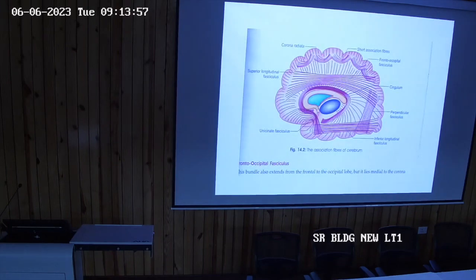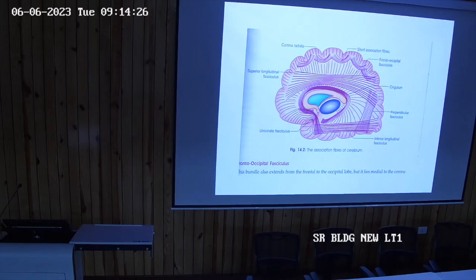Look at this diagram. The short association fibers connect the adjacent gyri. You can see this. All these are the short association fibers, and they are named arcuate fibers. So arcuate fibers are the short association fibers, and they connect the adjacent gyri. Then we come to the other association fibers, the long fibers.